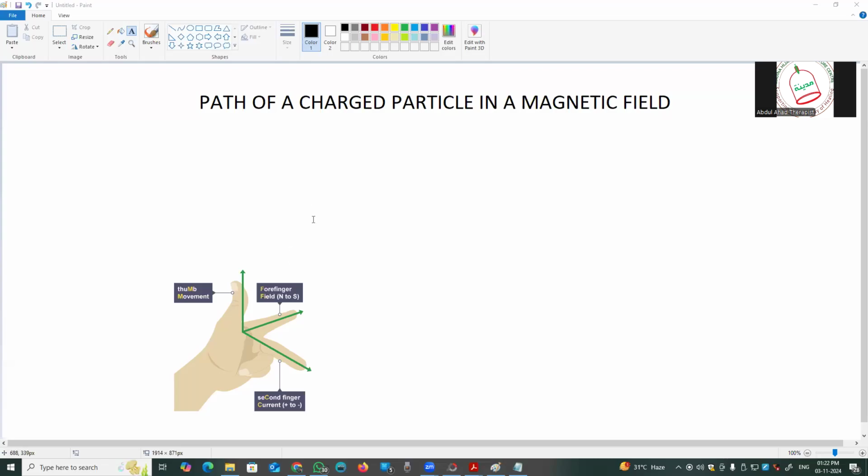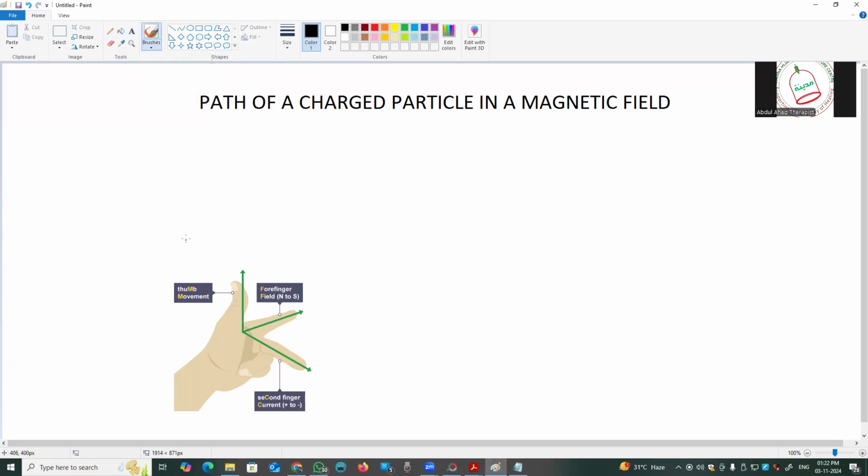Okay, today we'll discuss this topic, the path of a charged particle in a magnetic field. This is based on Fleming's left-hand rule, which you are already very familiar with.